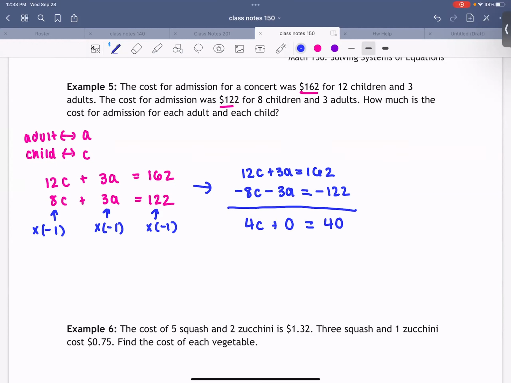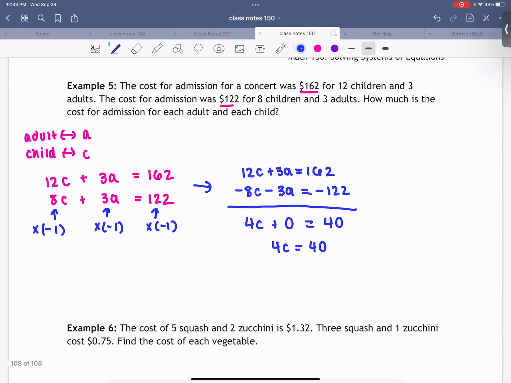Okay, so I just added the top and bottom together. Now 4c plus 0 is just 4c. How do I get c by itself? Divide 4 by both sides. Good, divide 4 on both sides. C is equal to 10. So what I just did is I found that the cost of a child's ticket is $10.